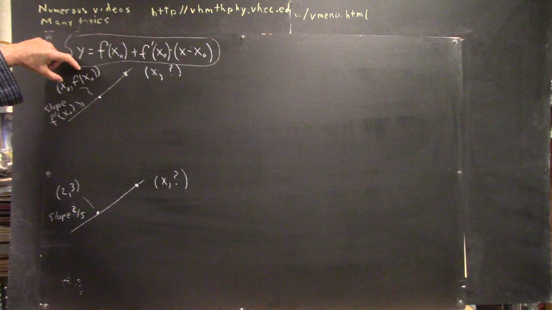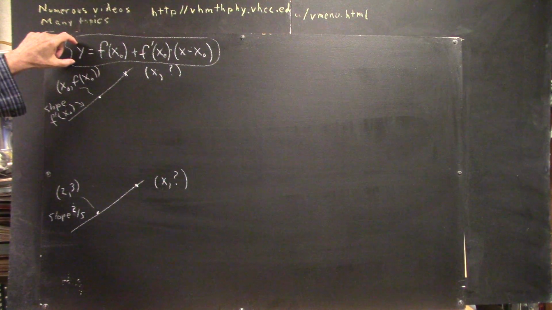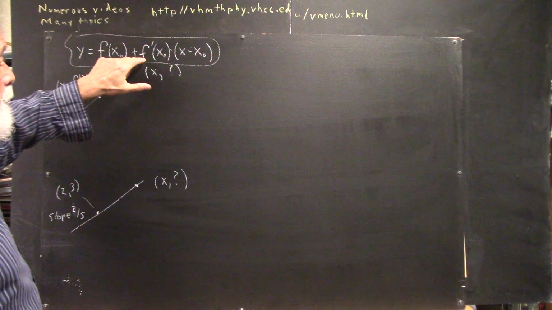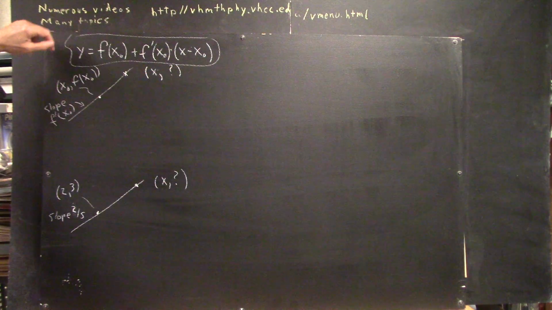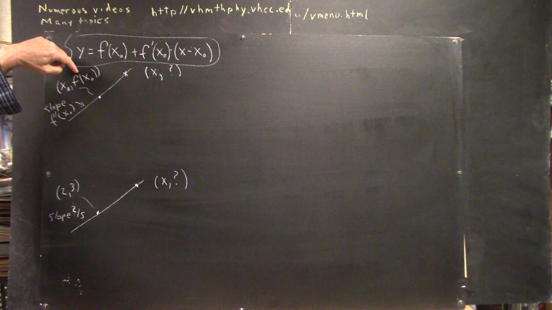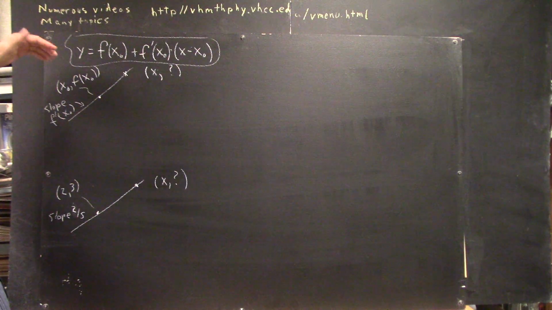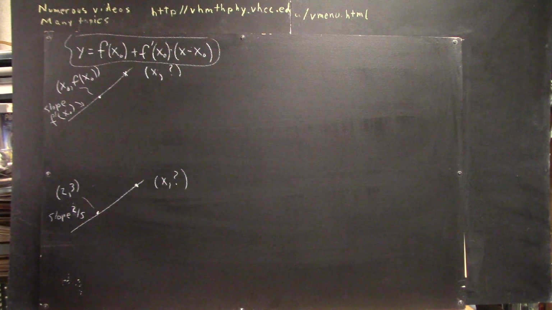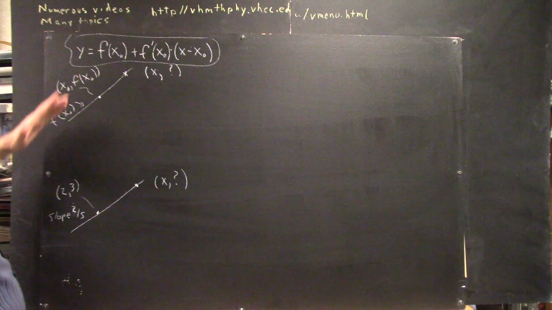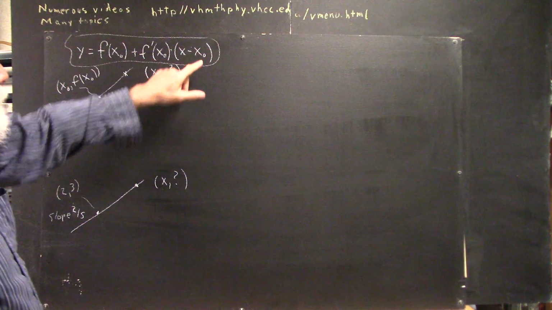If I subtract x0 from both sides, I've got y minus f of x0 here and x minus x0 here, equals f prime of x0 times that. My y minus f of x0 is like a y minus y1, where y1 is your f of x0, and this is like an x minus x1, where x1 is x0. And this f prime of x0 is the derivative at this point, which is the slope of the tangent line. So this does represent the tangent line.